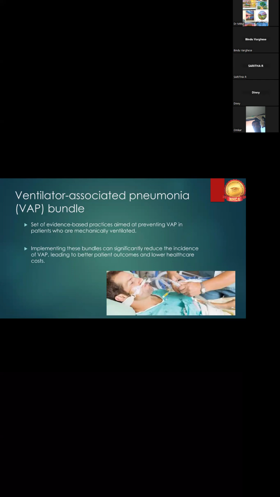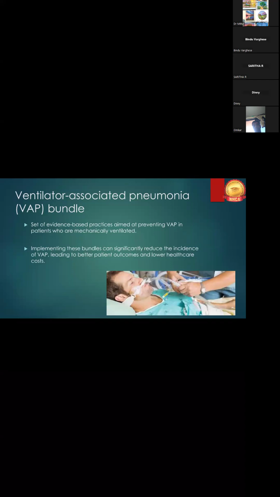Sarah? Peripheral vascular access. Yes. So that's the IV site bundle. There are a few hospitals which also have the IV site care bundle. Very good. That's nice.